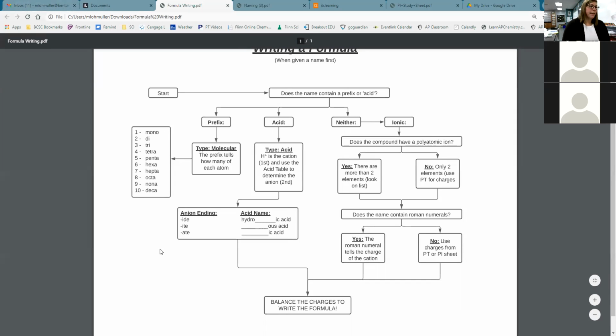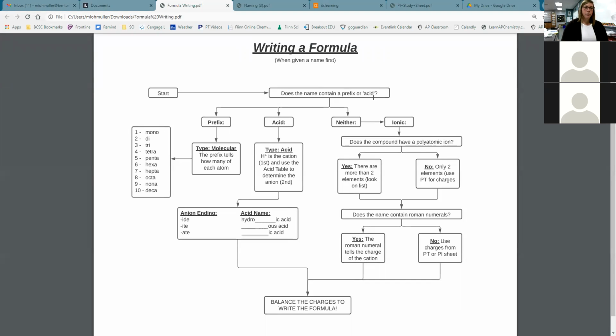With the way that this works, the first question to ask yourself will help you identify the type of compound right away. And it's really important to know the type of compound, because if it's molecular, we don't use charges to write the formula. We do use charges if it's an acid or if it's ionic, but we don't if it's molecular. And if you do use them when it's molecular, you will do it wrong, okay?